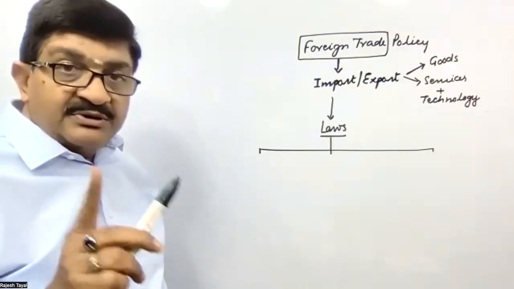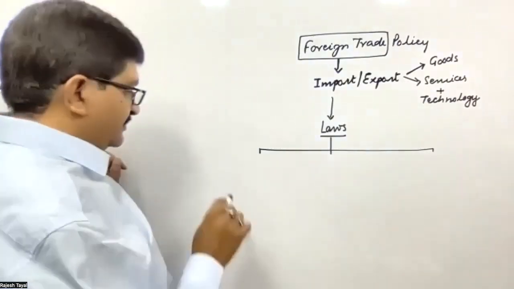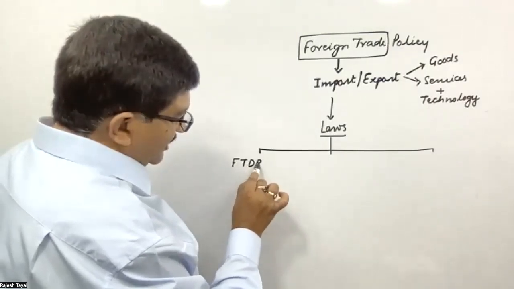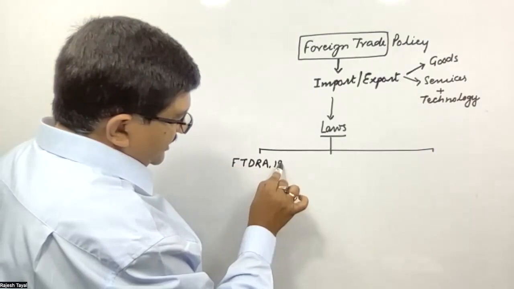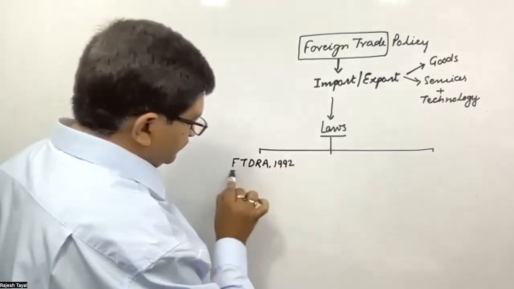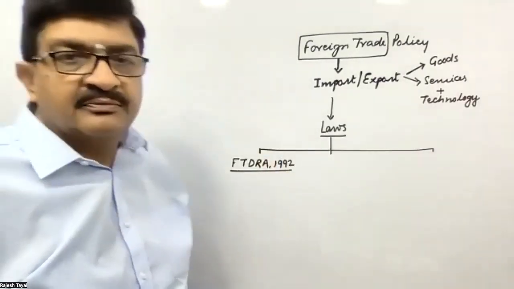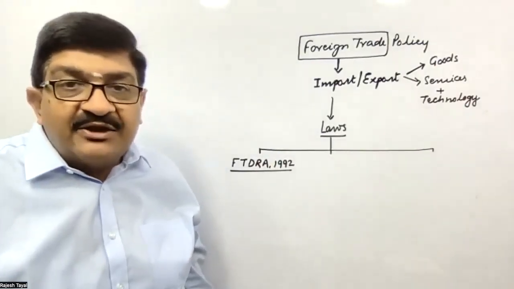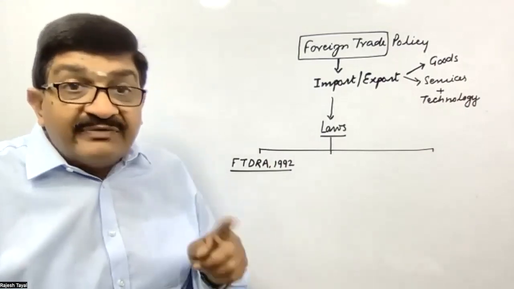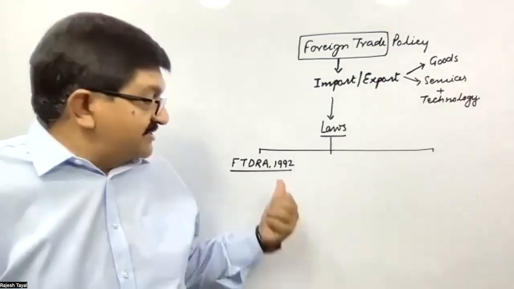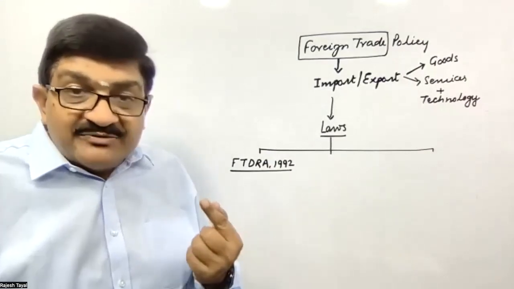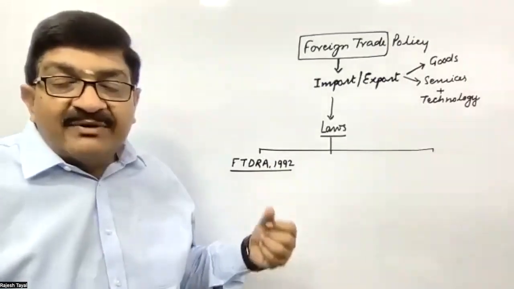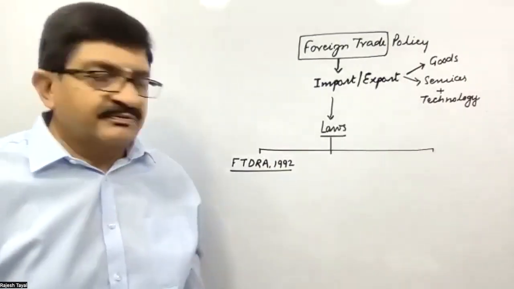First law that governs foreign trade, that is called Foreign Trade Development Regulation Act 1992. Foreign Trade Development Regulation Act 1992. Year is very important. This itself can be a reason for framing one MCQ. So this is Foreign Trade Development Regulation Act.